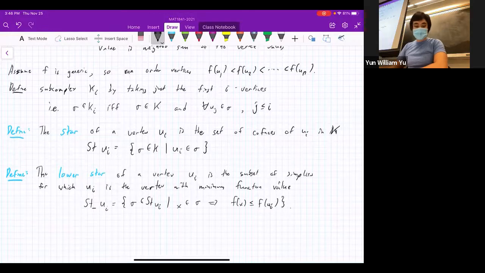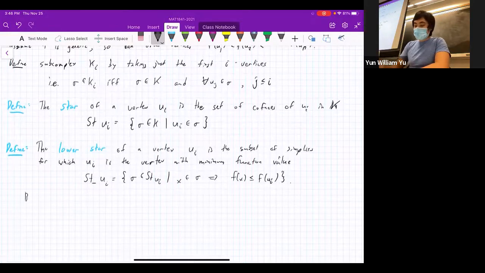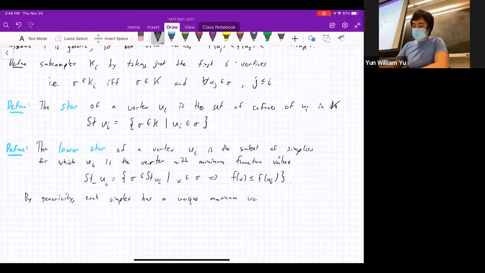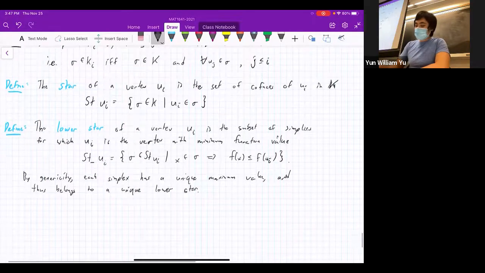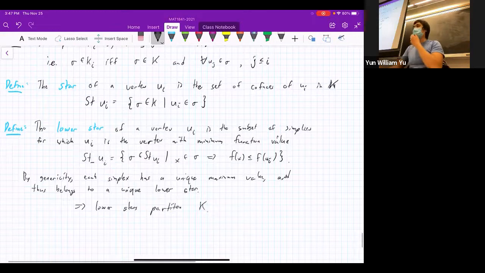Now note that because we're generic, each simplex has a unique maximum and minimum value, and thus belongs to a unique lower star, which implies that the lower stars partition K, a simplicial complex.